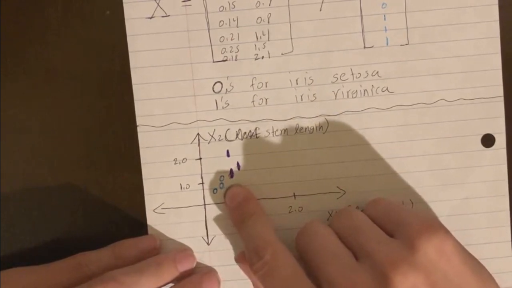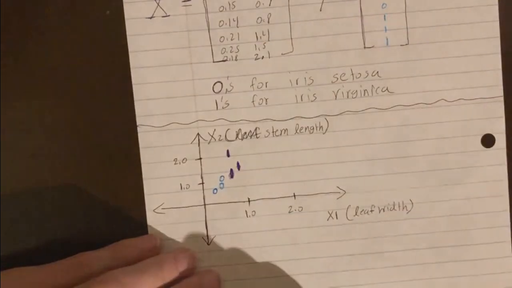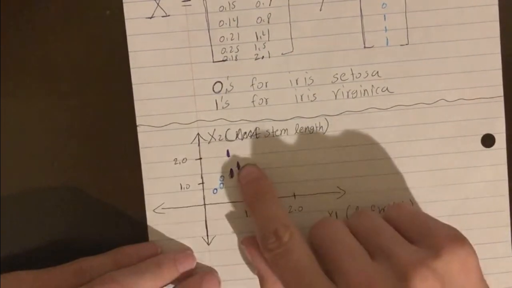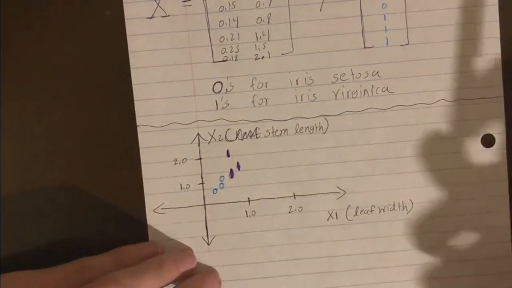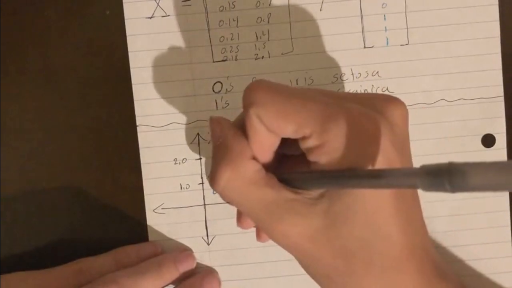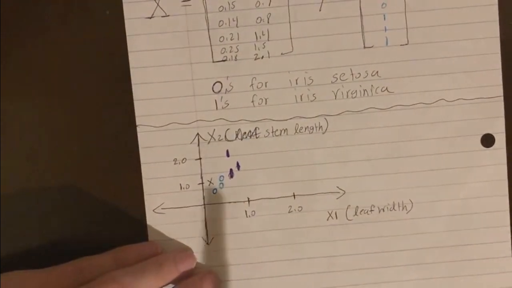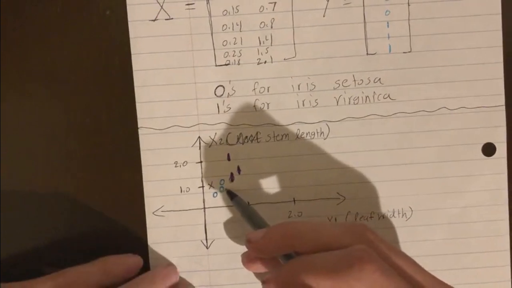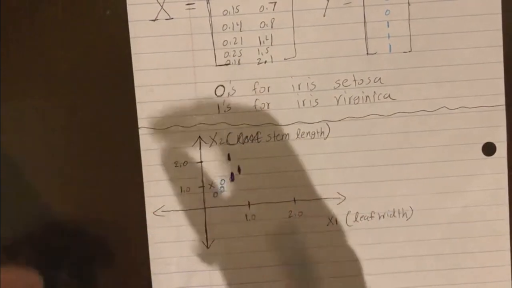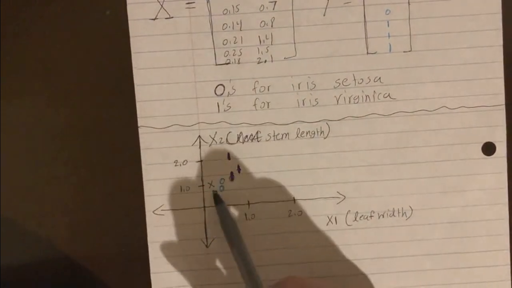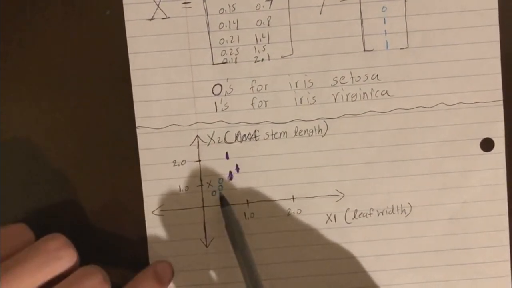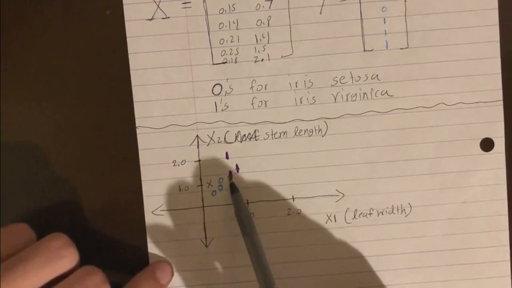Now, how can we tell whether a point is Iris virginica? If I had a new point, say it was here, how could I use this data set of blue data points and purple data points to determine if this new point is going to be an Iris setosa or an Iris virginica flower?